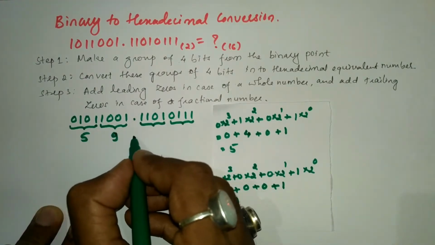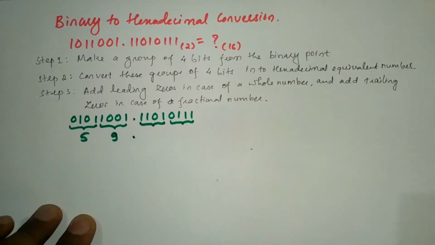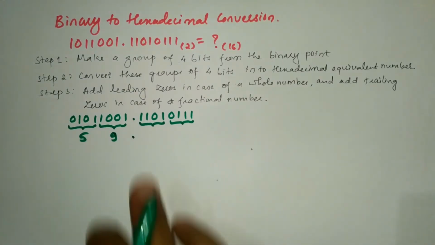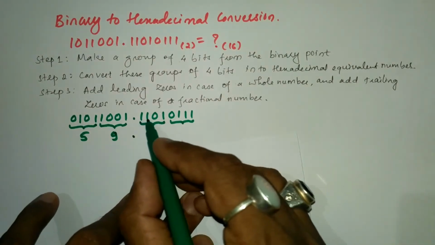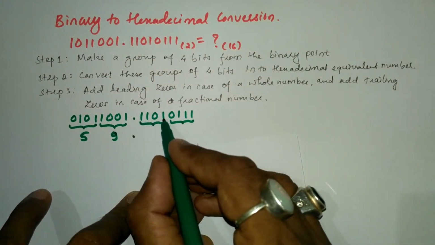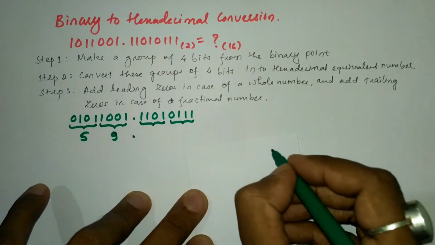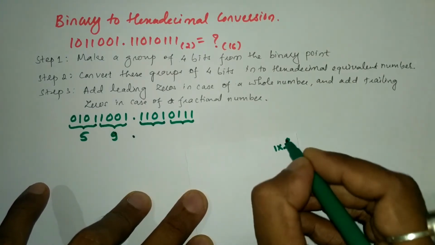So here we are going to put this binary point as it is, and next we are going to convert these bits, 1101. What is the positional weight of this 1? 1 into 2 to the power 0.